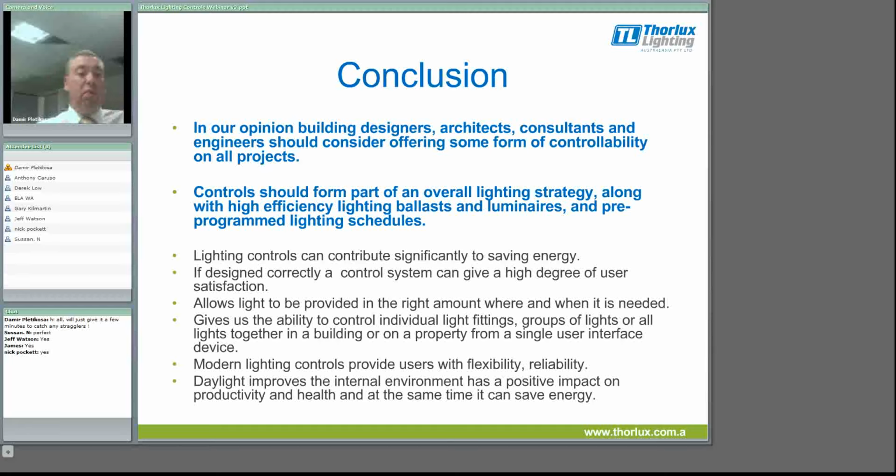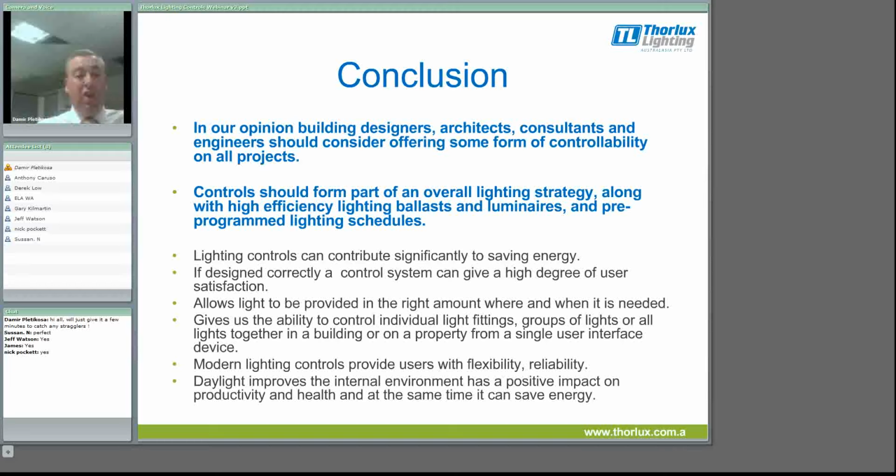So we now know that lighting controls can contribute to saving energy. If designed correctly, a system should give a high degree of user satisfaction, allows light to be provided in the right amount where and when it is needed, and gives us the ability to control individual light fittings or groups of light fittings from a single user interface device.